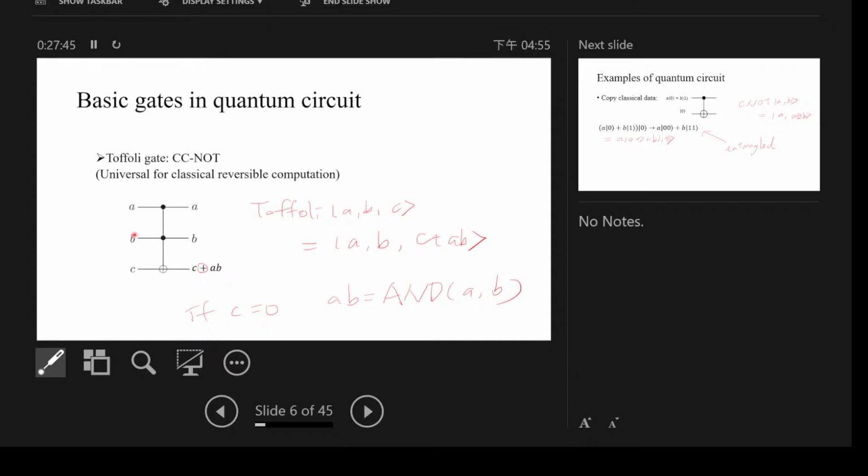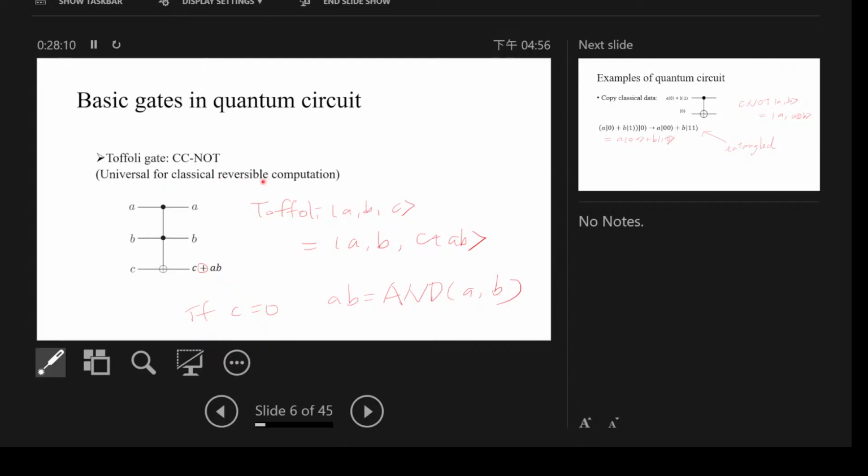And a lot of the time when we use a quantum computer, we actually want to do some classical computation in superposition, and that's why people like to do the Toffoli gate. There are also other reasons you want the Toffoli gate, but this is a big reason. So basically every classical computation you can do on a quantum circuit, you can do with the Toffoli gate.